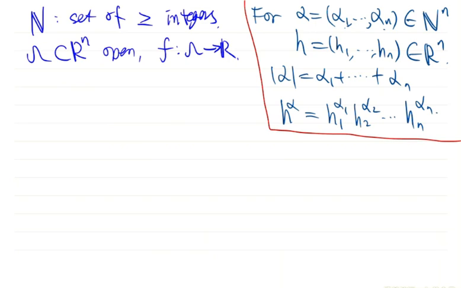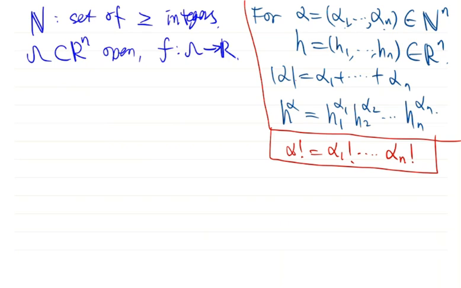Okay, we defined for alpha and h, the length of alpha and the power of h to the power alpha. Also, alpha factorial is alpha 1 factorial multiplied through alpha n factorial, and we also use this.